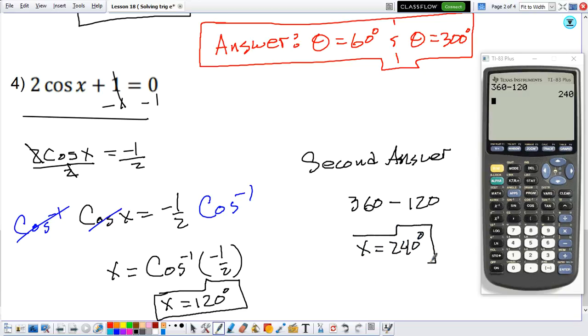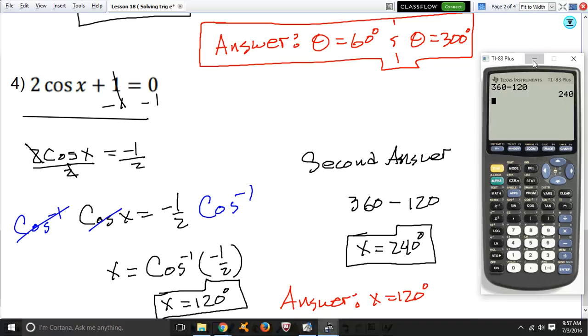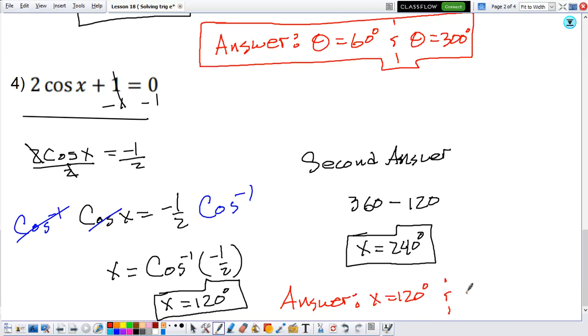Notice that both answers are between 0 and 360 degrees. So my conclusion here is when x is equal to 120 degrees, and when x is equal to 240 degrees.